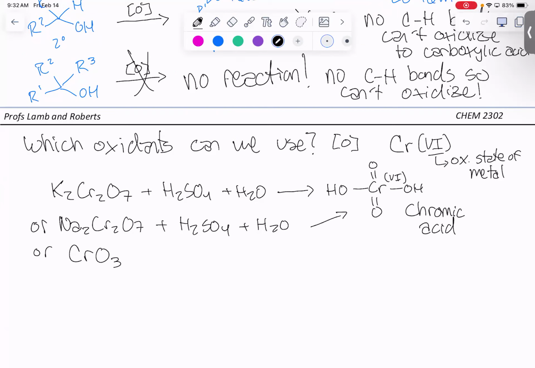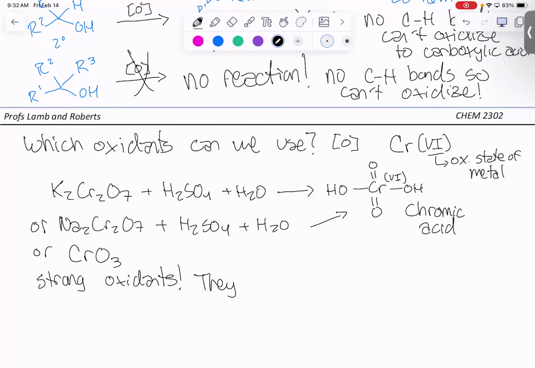These are strong oxidants, and they will oxidize as high up as possible. Question? It does not, great question. The chromium oxide does not need H2SO4.